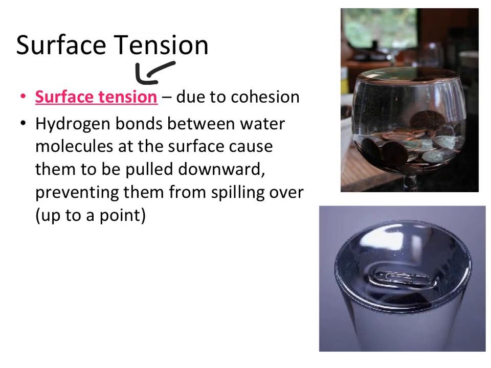And therefore, even if some of the water molecules, like the ones right here, are leaning over the edge of the glass, because they are attracted via hydrogen bonds to other water molecules in the glass, they don't spill over. Basically, they're being held on by other water molecules, allowing them to kind of look like they're suspended over the glass, even though they shouldn't be able to stay there.